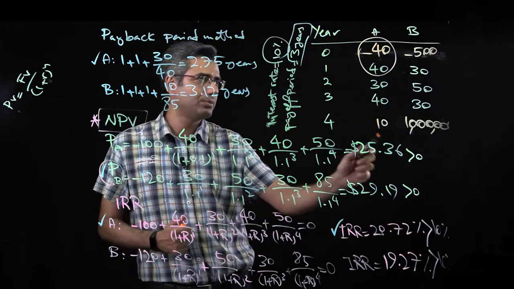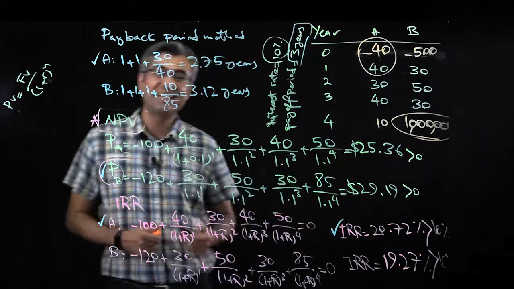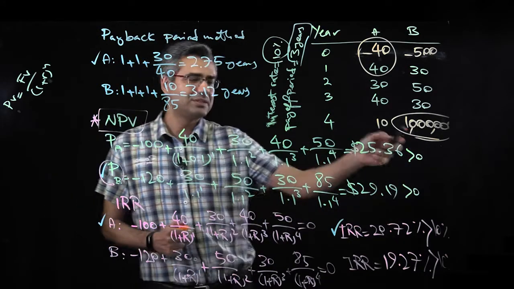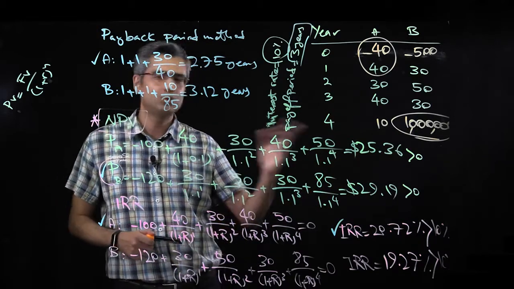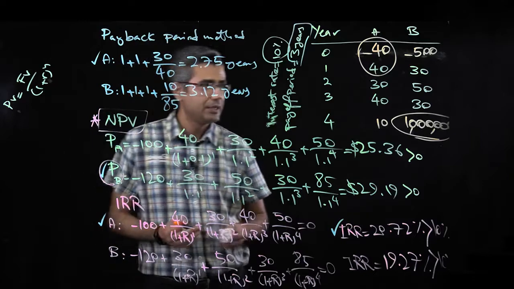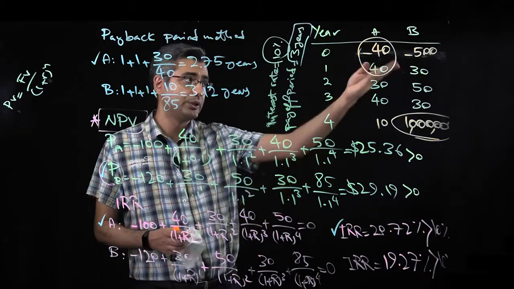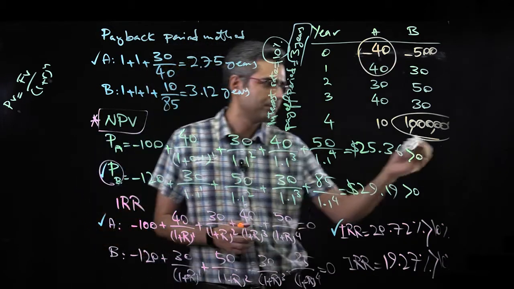Do you see the problem? The problem is, if you go for A, you are missing $1 million in year 4. Yep. That is one of the problems. But if you use the NPV method, no problem. The answer will be definitely project B.